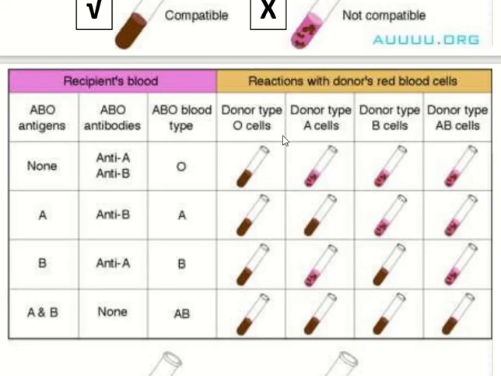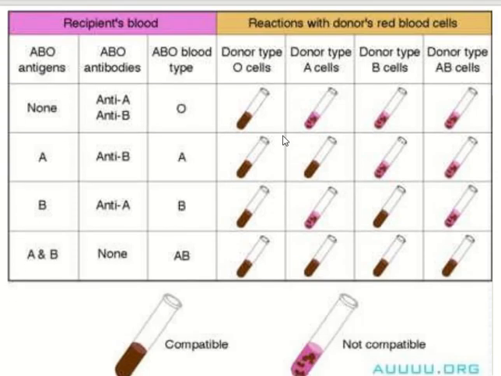As you can see here, if the recipient is blood type O, it can only receive a donor with blood type O. If the recipient is blood type A, it can only receive blood from donor type O and also donor type A. For recipient blood type B, it can only accept the donor with blood type O and also blood type B.